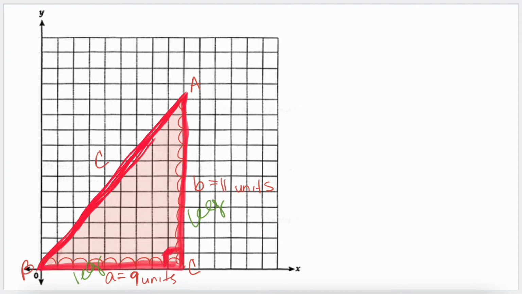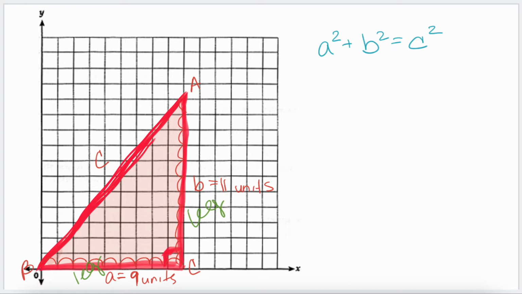The Pythagorean theorem, as you should know, is A squared plus B squared equals C squared. C is always the hypotenuse. We always call our hypotenuse C, and the hypotenuse is, first of all, the longest side of a right triangle. It's also the side opposite of our 90-degree angle in a right triangle. So those are the two characteristics that it has.